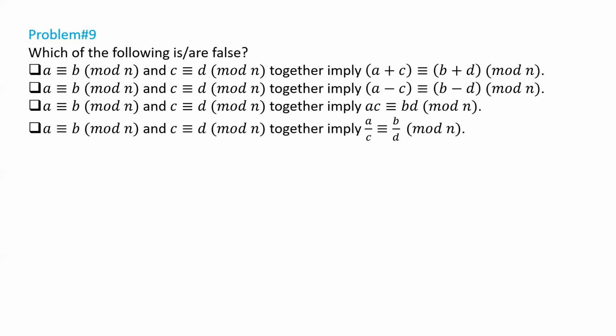Now, what is A minus C? A minus C is 2 minus 7 modulo 10, which is minus 5 modulo 10, that we can also write as 5 modulo 10, right? Minus 5 modulo 10 is equivalent to 5 modulo 10. And what is B minus D? B minus D is 22 minus 17, which is again 5 modulo 10. So indeed, you can see that A minus C is congruent to B minus D modulo n.